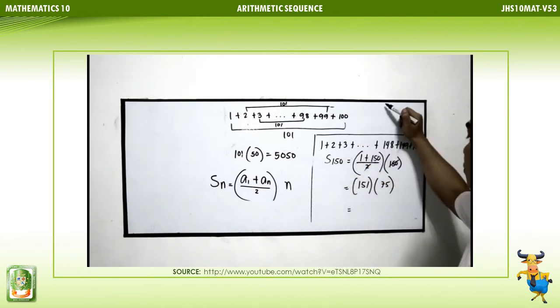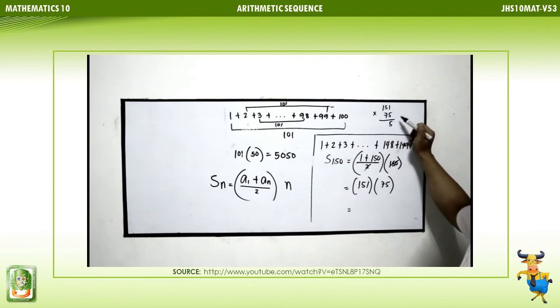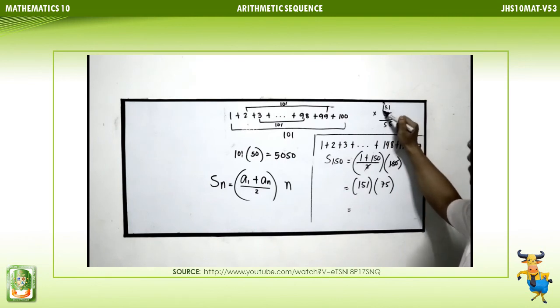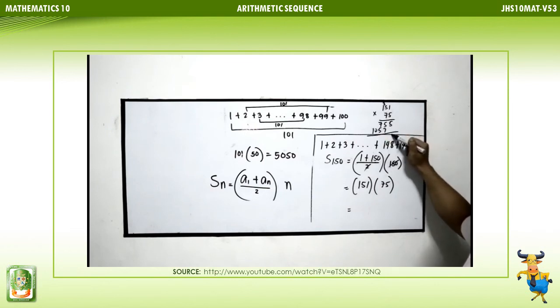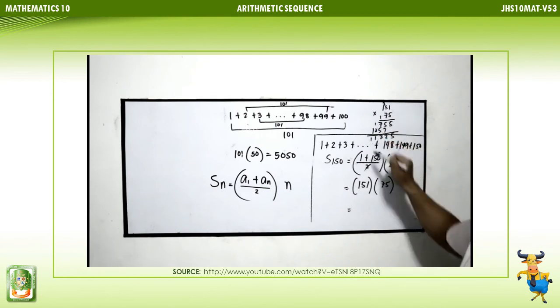Let us multiply. 151 times 75. 5 times 1, 5. 5 times 5, 25, carry 2. 5 times 1, 5 plus 2, 7. Then 7 times 1, 7. 7 times 5, 35, carry 3. So this is add 5, 12, carry 1, 3, carry 1, 1, 1.